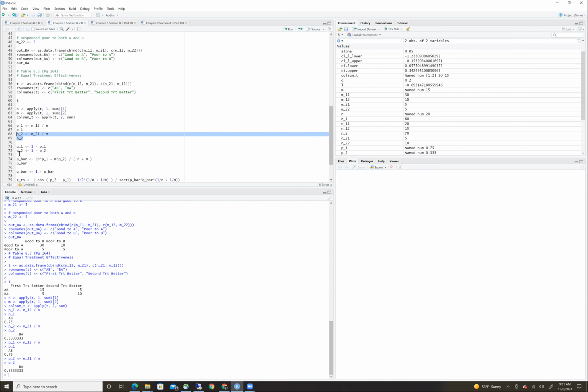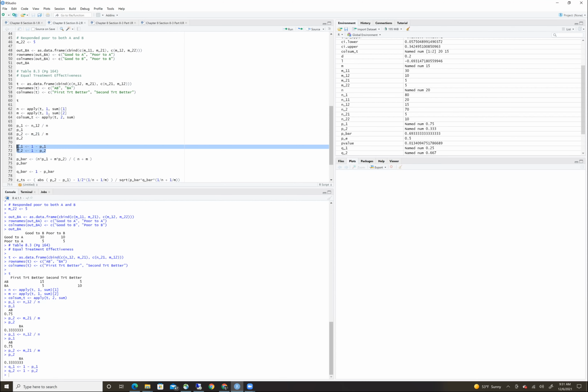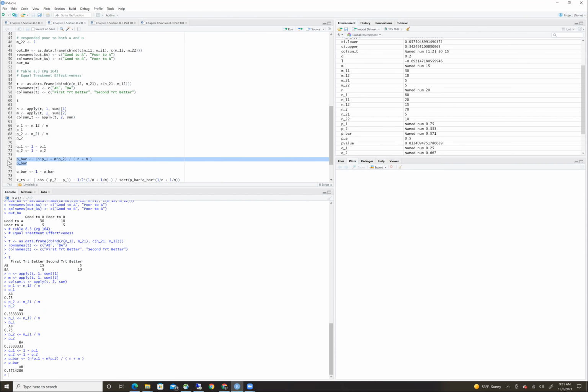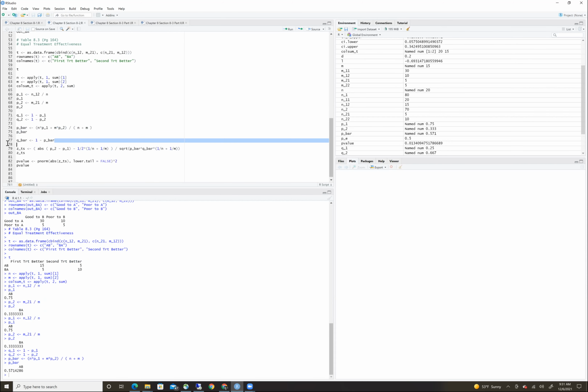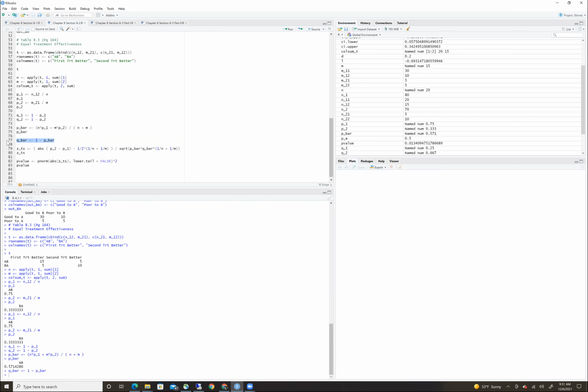All right, so we can get Q1 and Q2 by taking the complement, 1 minus P1 and 1 minus P2 respectively. We can calculate P bar as the average success rate, right, for all the patients combined, assuming that the true proportions are equal. We get P bar to be 0.57. We can get Q bar as 1 minus P bar, and then we can use the traditional difference in proportions.